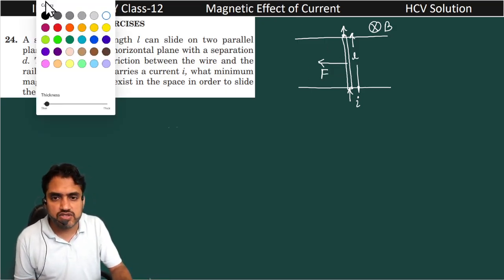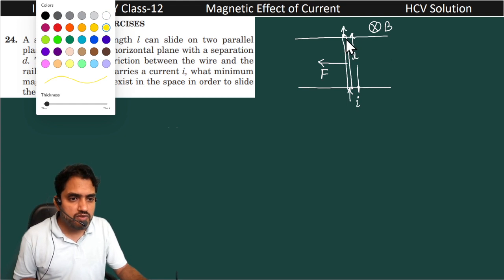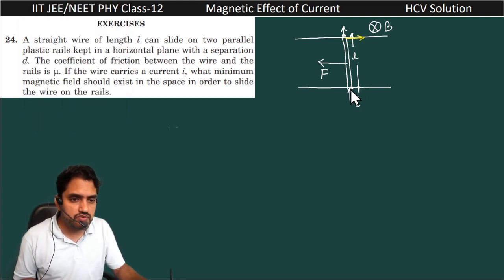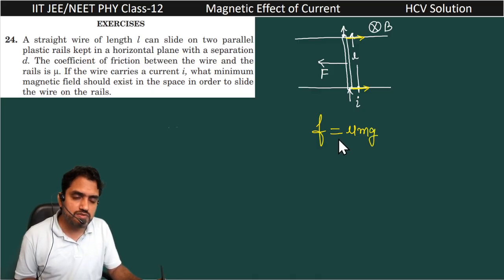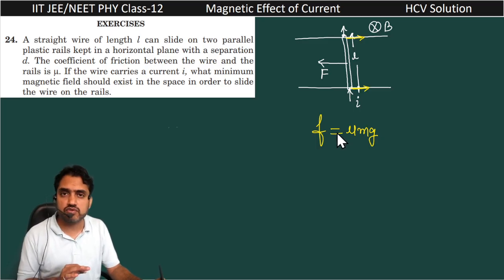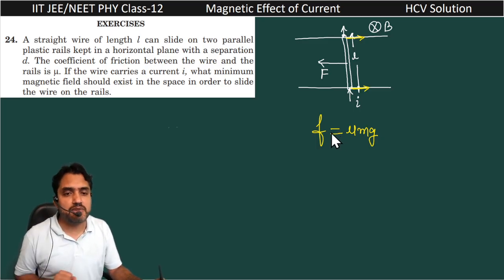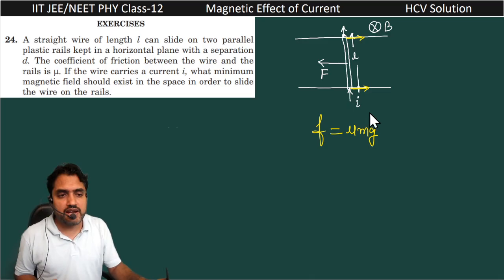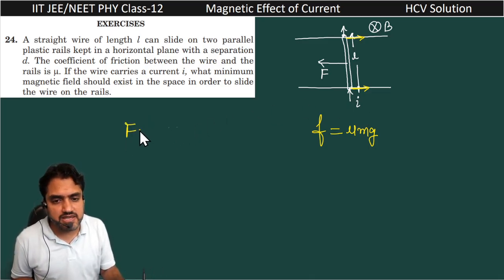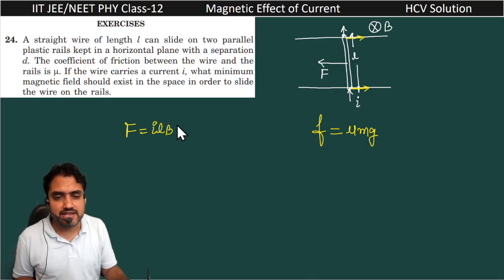So definitely the friction force will work in opposite direction. This is the friction force, and this friction force is equal to mu mg. Okay, this mu we have to consider as static friction because we have to find the minimum magnetic field, and the magnetic force F is equal to I L B. Sine 90 should be there, because we are placing this current carrying wire in normal magnetic field.